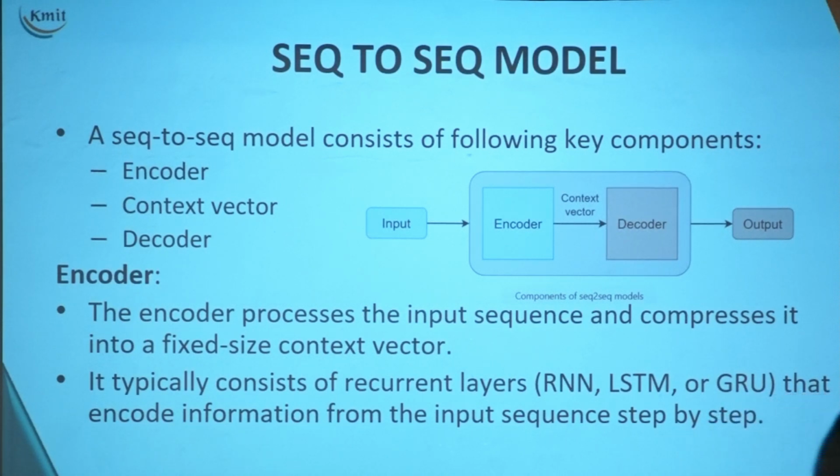Fair enough? Now, the sequence to sequence model consists of an encoder, wherein the encoder processes the input sequence and compresses it into a fixed sized context vector. It typically consists of recurrent neural network layers like RNN, LSTM or GRU, because here you are working with sequential data, and it will encode the information from the input sequence step by step.